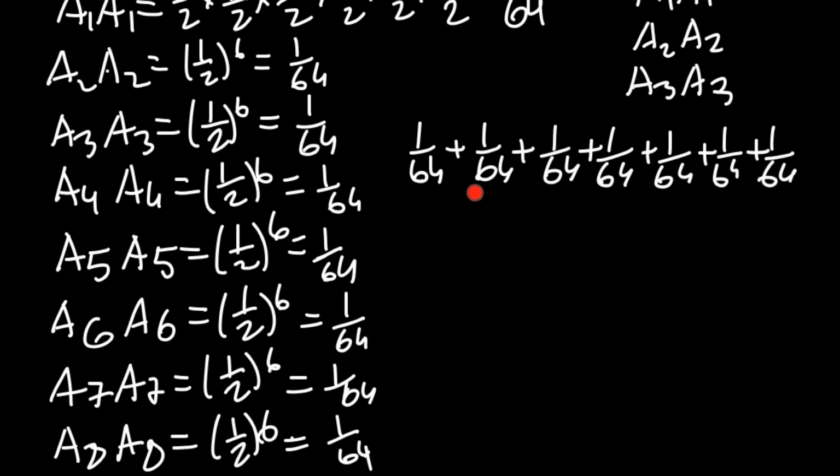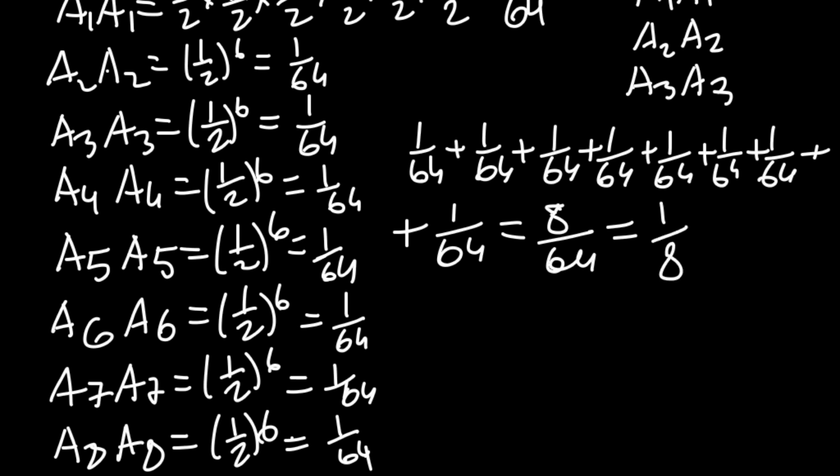So how many? 1, 2, 3, 4, 5, 6, 7, plus 1 over 64, and we are going to get 8 over 64, or we can reduce by 8 and the answer would be 1/8. And this is going to be our answer.